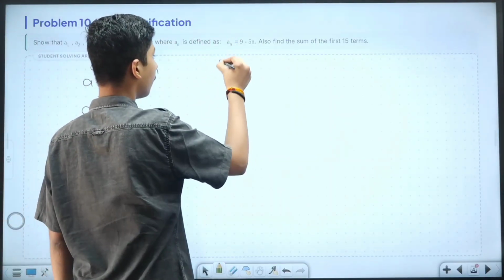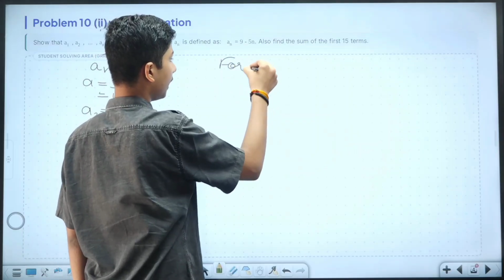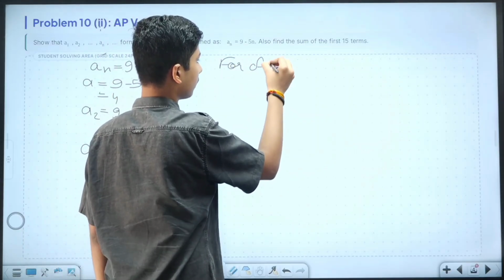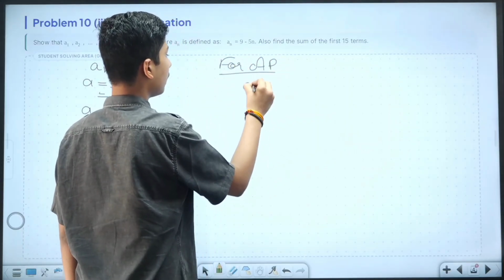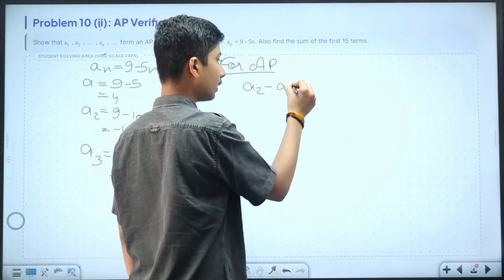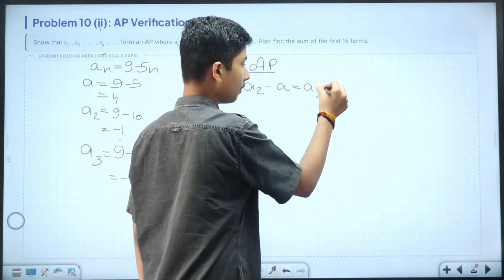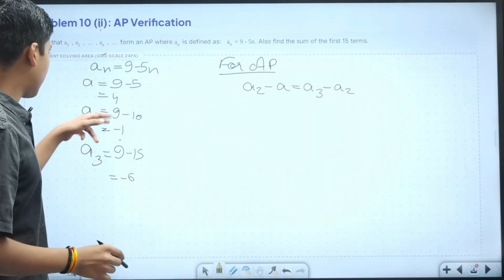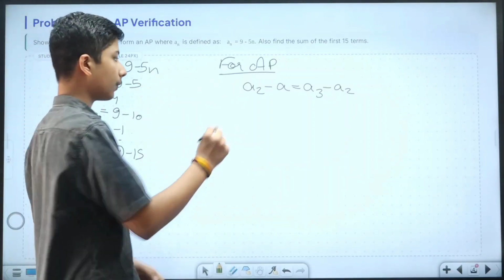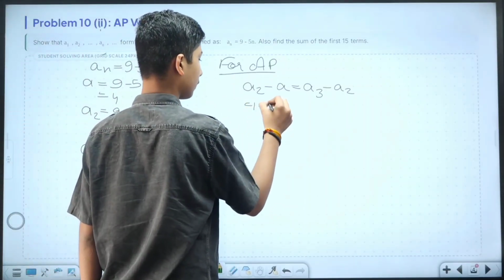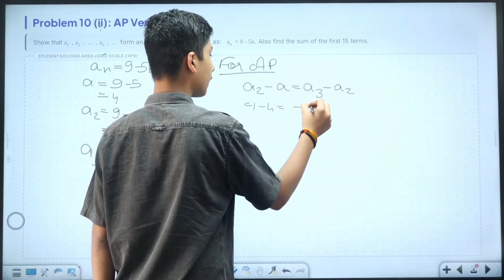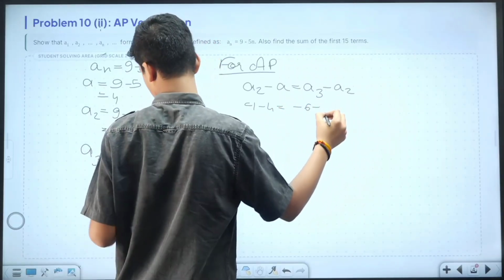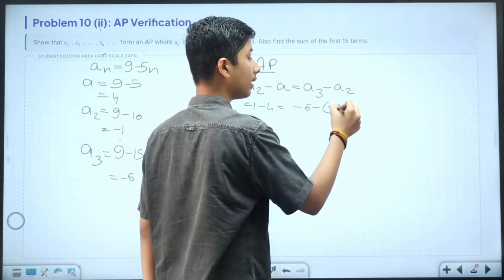So for AP, A2 minus A1 equal to A3 minus A2. A2 minus A1 will be minus 1 minus 4, equal to minus 6 minus minus 1.